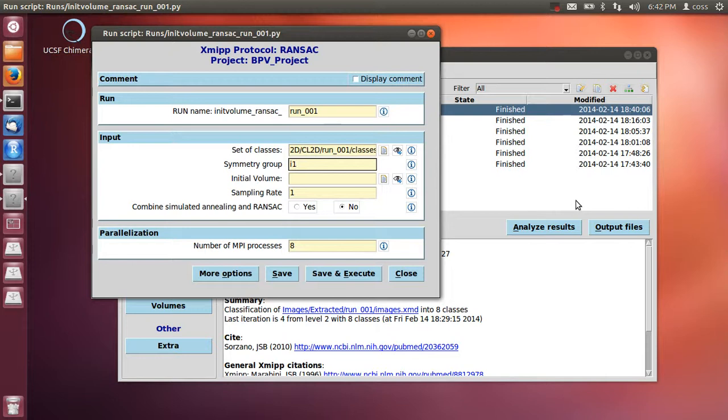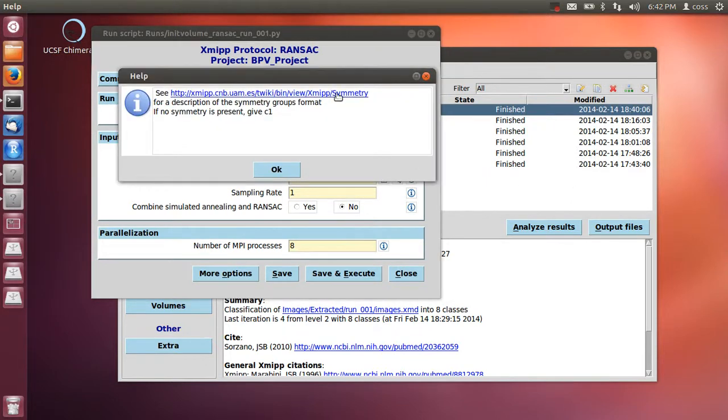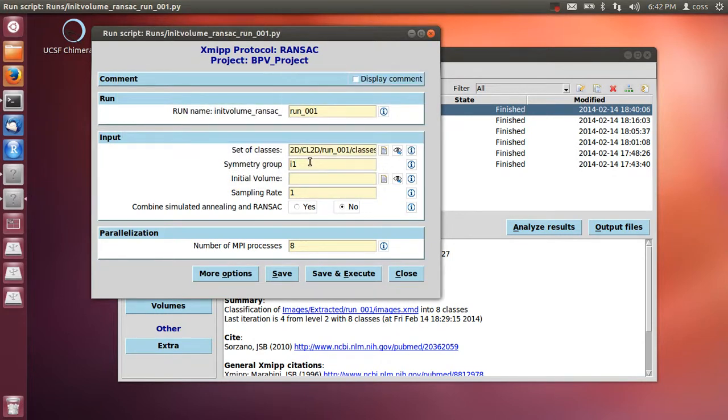There is a standard nomenclature that you have in this link, showing how to represent different kinds of symmetries. If you don't have any symmetry, just give C1. And so we will impose an I1 icosahedral symmetry on these virus classes here.